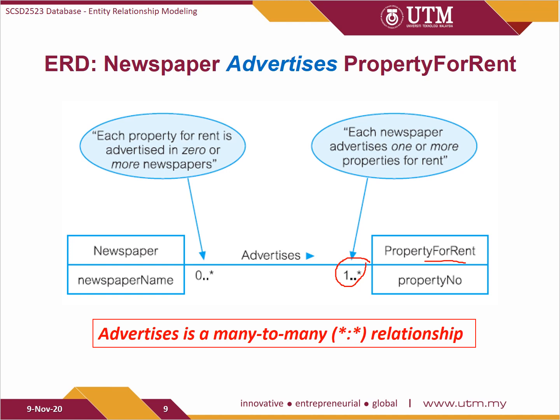And to represent that each PropertyForRent can be advertised by 0 or more newspapers, we place 0..* beside the Newspaper entity. So, as we can see here, for a newspaper, there are many PropertyForRent, and for each PropertyForRent participating in this relationship, there are many newspapers. So, we refer to this type of relationship as many-to-many.